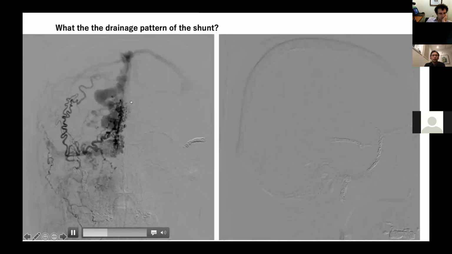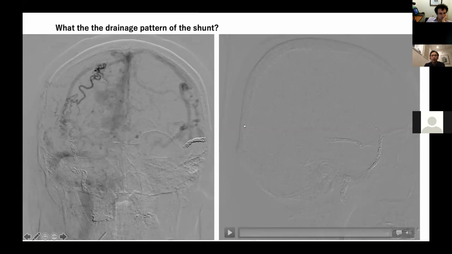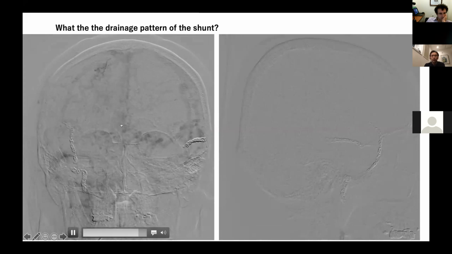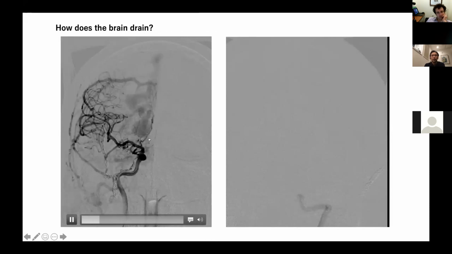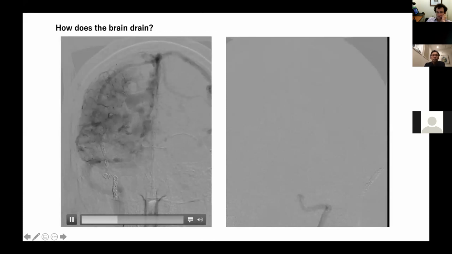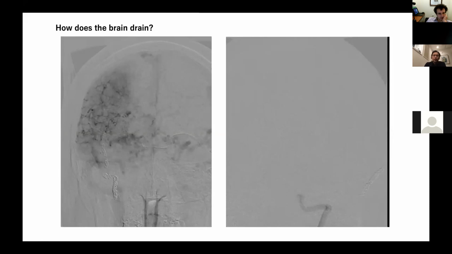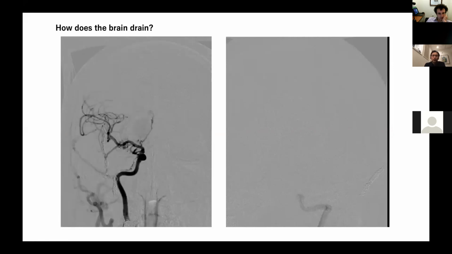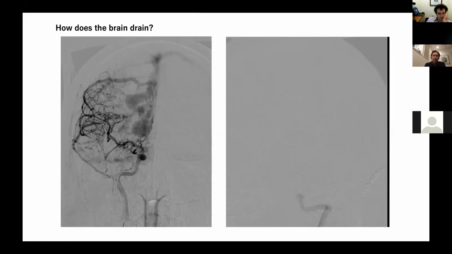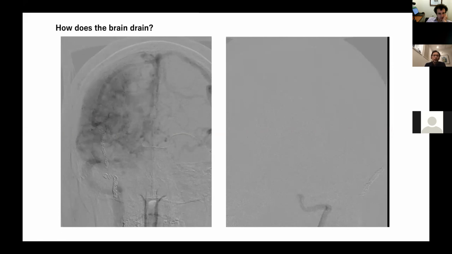So the drainage pattern we have seen, it cannot go through directly to the torcula. So we go on. So the brain, how does the brain drain? It's very important when you analyze a picture of a dural AV shunt. You need to know where the feeders are. You need to know where the shunt is. You need to know where the shunt is draining through.